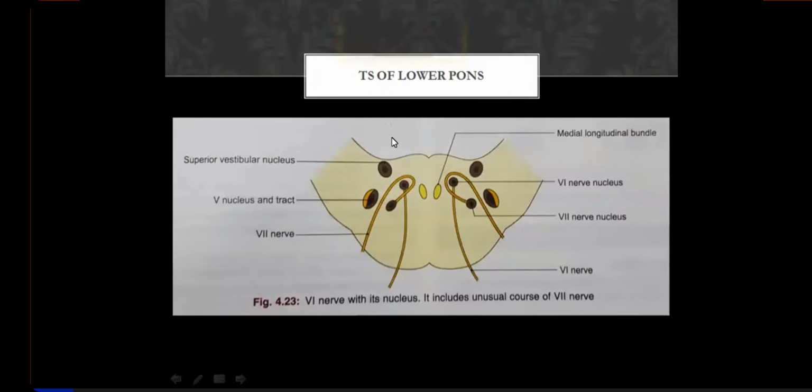The site of origin of abducent nerve you're seeing is a transverse cut section of lower pons. So in transverse section, the lower pons, you will find that the upper portion is open dorsally because this is the floor of the fourth ventricle, right? So the roof here is formed by the cerebellum.